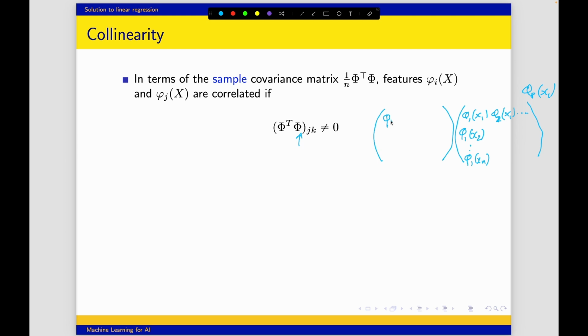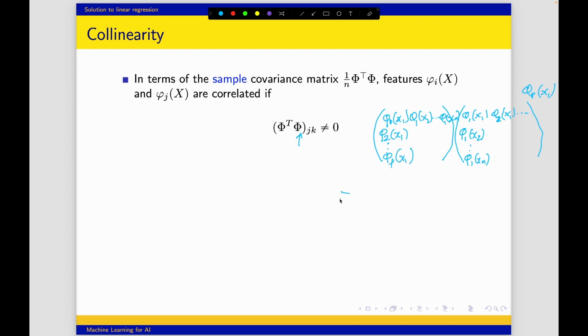We're going to get psi 1 at x1, psi 1 at x2, and so on, psi 1 at xn. And down here, we're going to get psi 2 at x1, down to psi p at x1. That's what we're going to get.